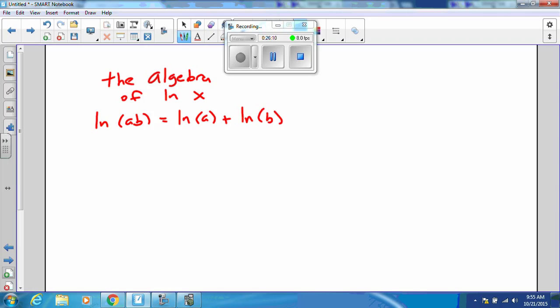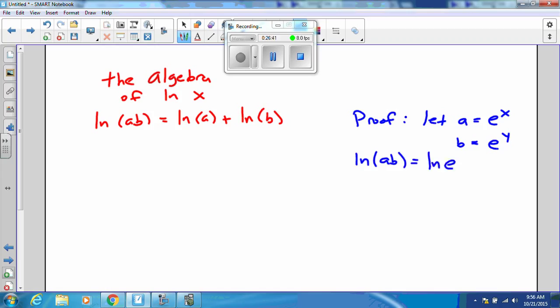And the proof involves inverting. And it's fairly simple. We're going to let a equal e to the x for some x, and we're going to let b equal e to the y for some y. So that x is the natural log of a, and y is the natural log of b. So if a and b are e to the x and e to the y, then substituting into the natural log of ab, I get natural log of e to the x, e to the y.